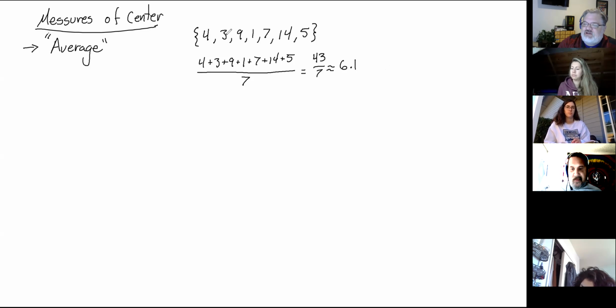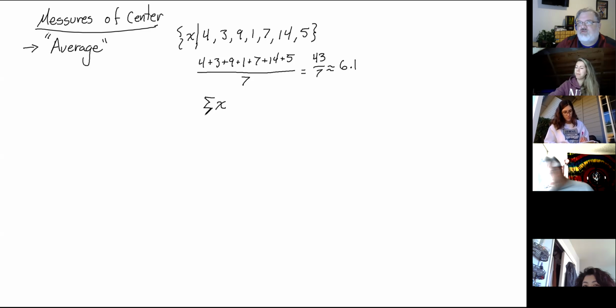Now, some notation here. If we call these data points X, where X is equal to these values, we will often see it written as sigma X. This is the Greek capital letter sigma. It's essentially what in Roman letters is an S, so this stands for the sum of.